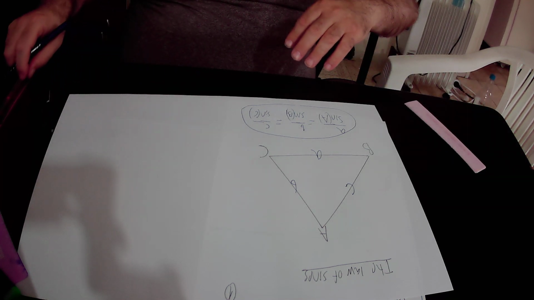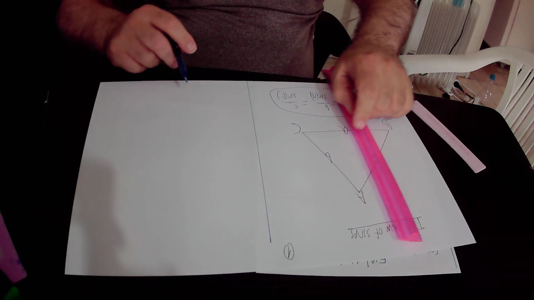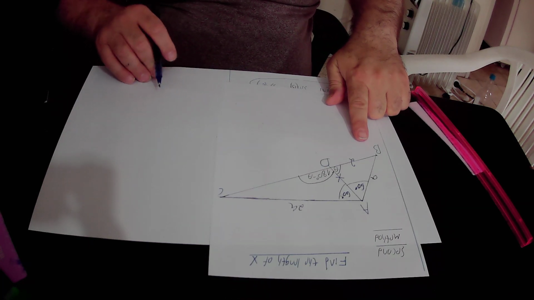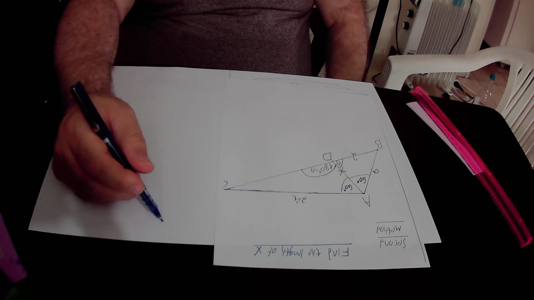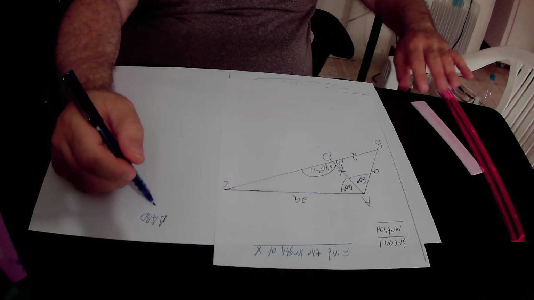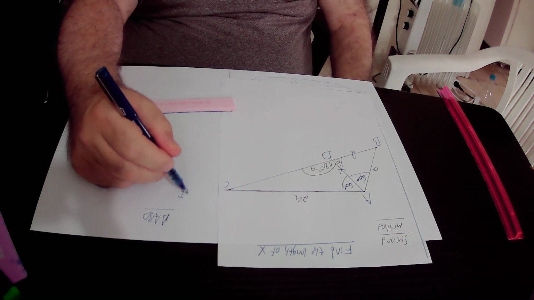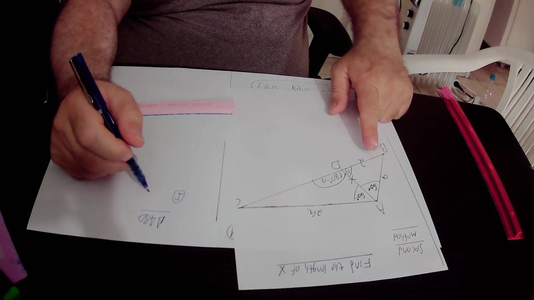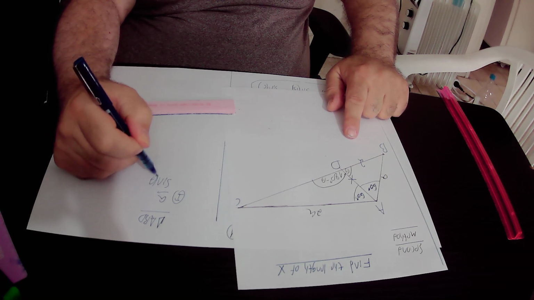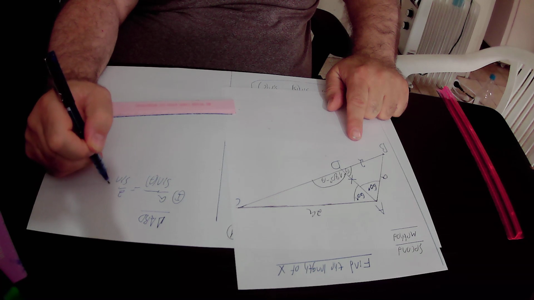We will implement the law of sines in triangle ABD. In triangle ABD, according to the law of sines, we get that A over sine theta equals 2 over sine 60 degrees.